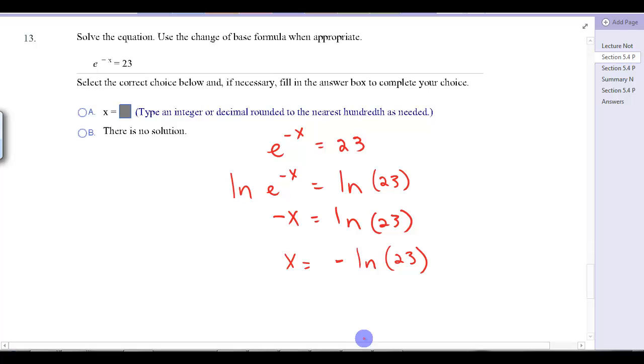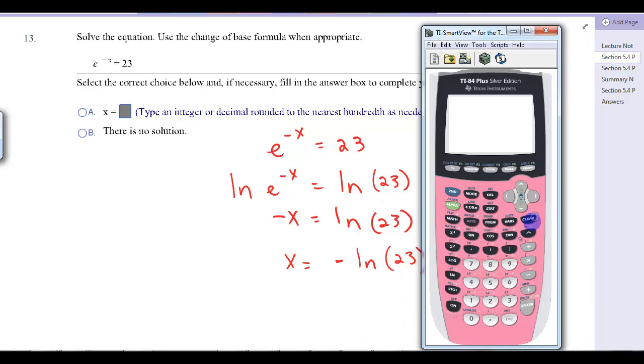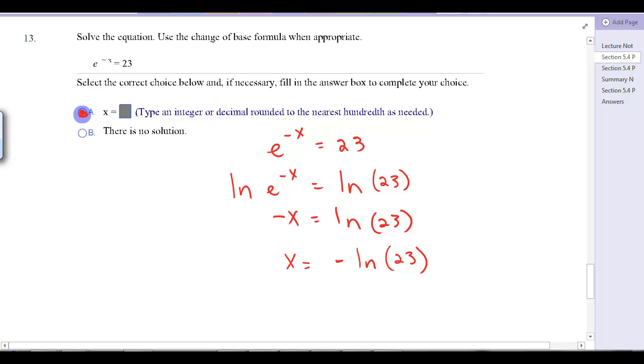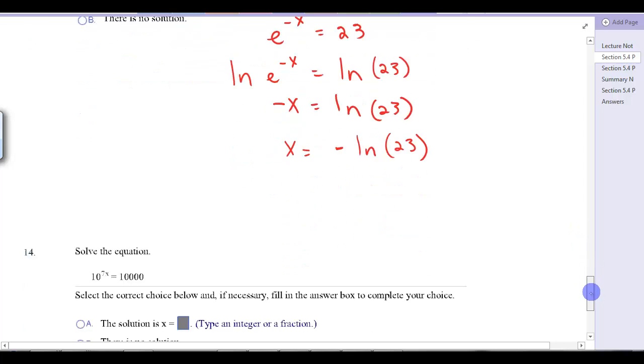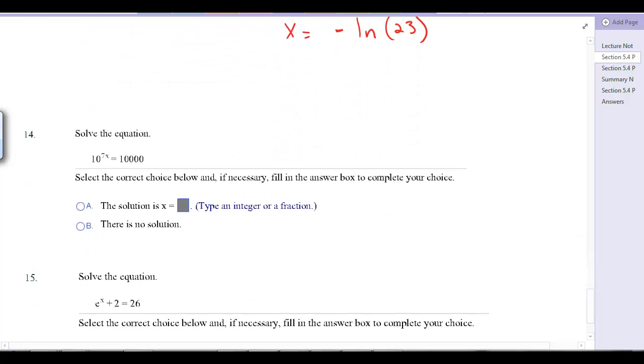And put that in the calculator just like that. You're going to put negative ln 23, close and enter. And you have negative 3.135. So we're going to round to the hundredth. And so our answer here will be negative 3.14. All right. Then we have 14.